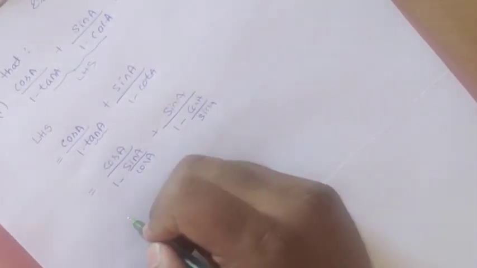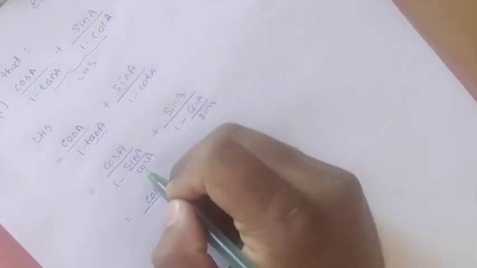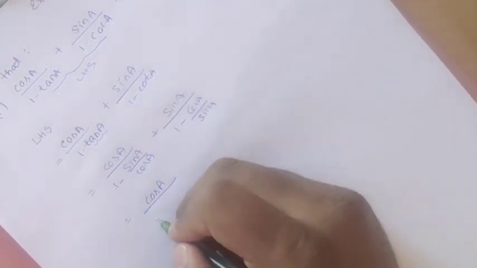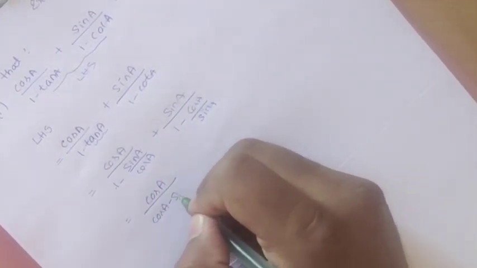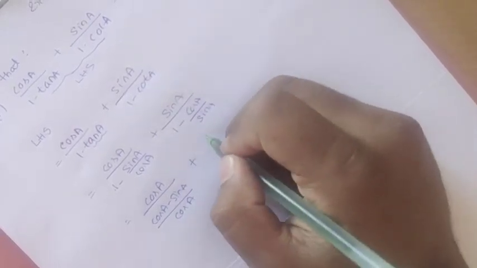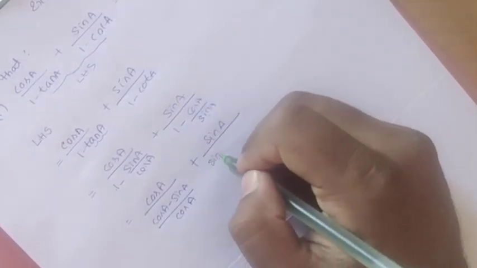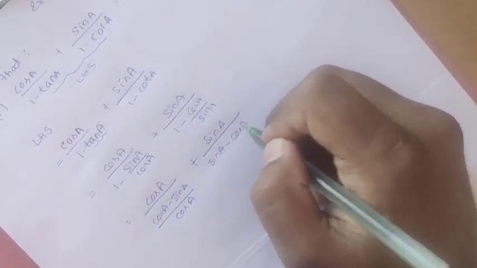Right. So next step, if we cross multiply, cos a divided by (cos a minus sin a) divided by cos a, plus sin a divided by (sin a minus cos a) divided by sin a.